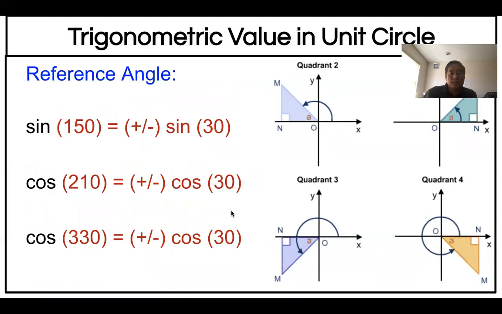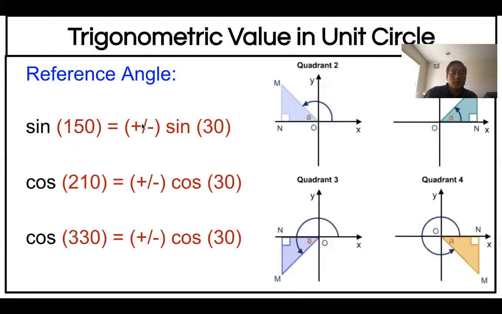So this is an example: sine 150 degrees. The reference angle: 150 degrees is here, 180 minus 150 is 30, so sine 30, but you need to determine if it is plus or minus. Over here, all sine is positive, right?